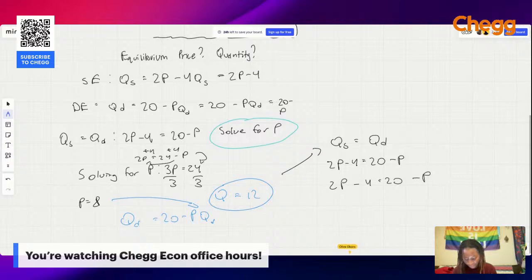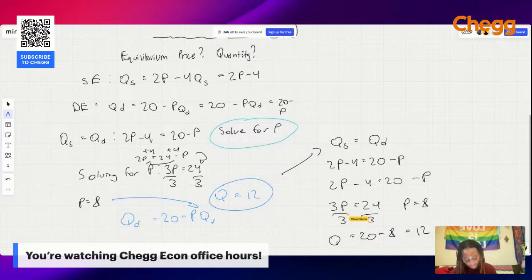So it's going to be 3P equals 24. P equals 8, we already know that for sure. And we're going to put it all in where quantity equals 20 minus 8 equals 12.